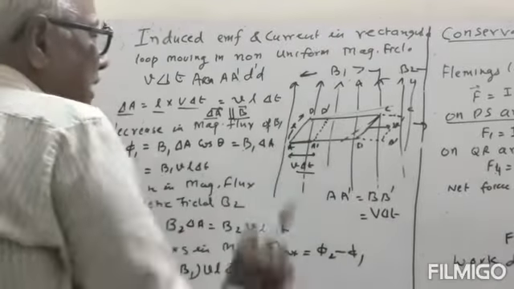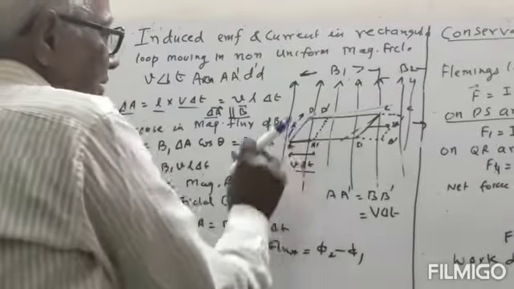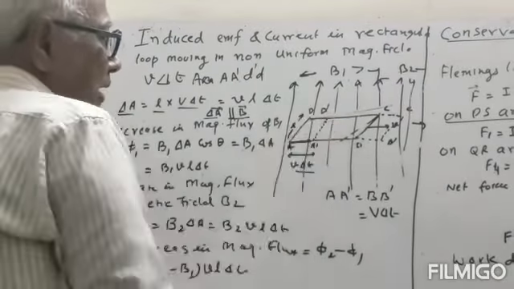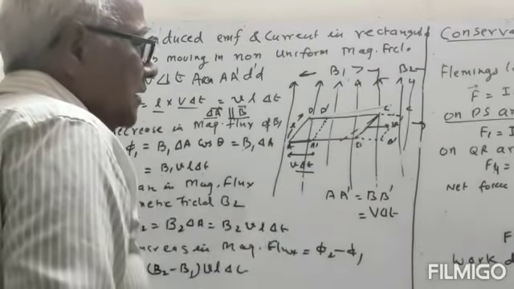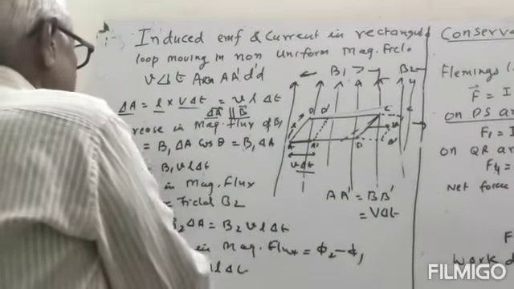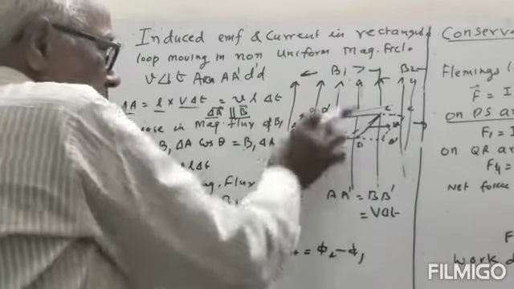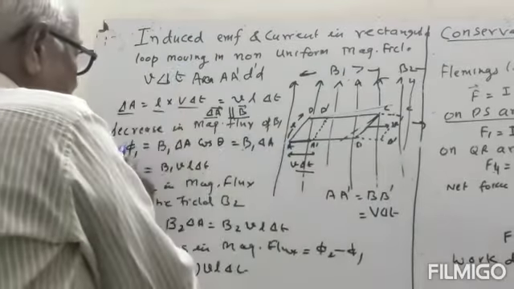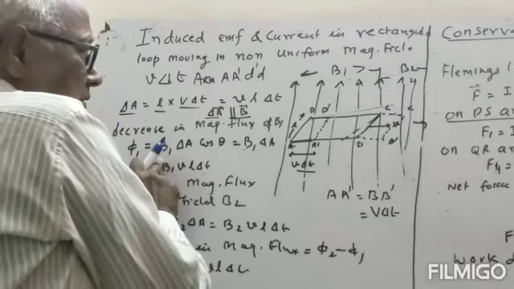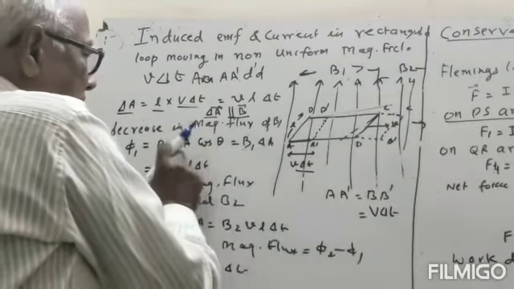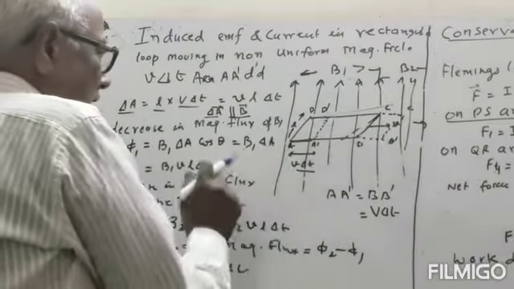The magnetic flux is the magnetic field multiplied by the area. So the decrease in flux for B1 will be phi 1 equal to B1 into delta A into cos theta.